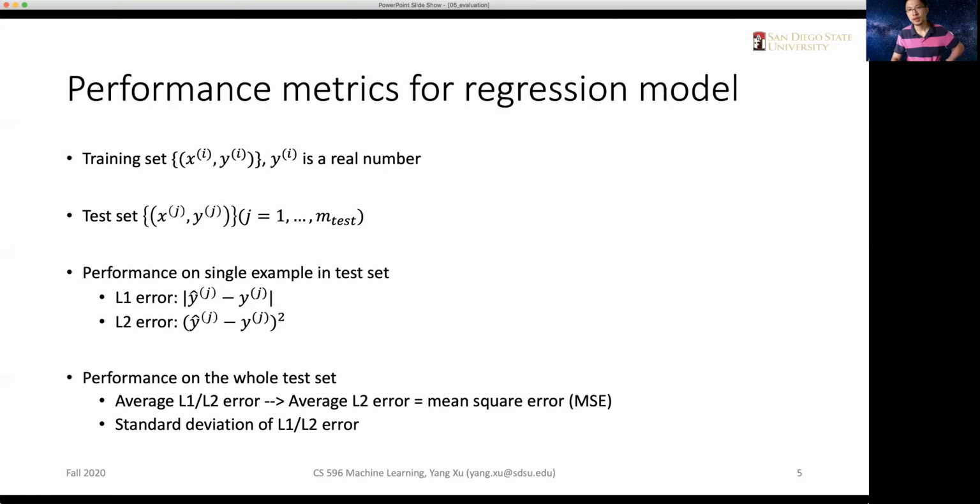Okay, so I'm not going to talk too much about regression models because a regression model kind of originates from statistics, and in statistics there are way more metrics talking about the statistical meanings of the coefficients, whether they are statistically reliable, the p-values. So I'm not going to talk about that knowledge here, but the idea is that we can use the distance between the predicted value and the actual labels.